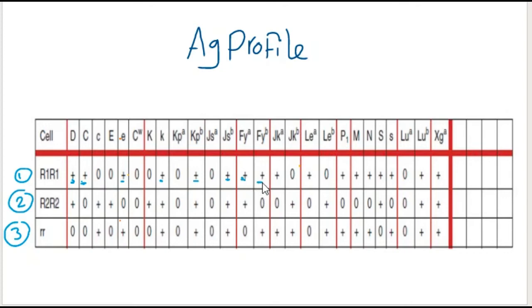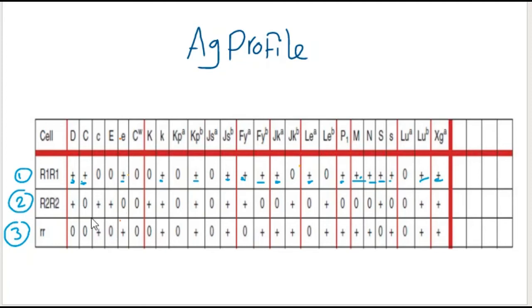So Duffy, both of them, is present, here Kidd A, and here Lewis A, P1, and here MNS big S and little s, and Lutheran, also Xg antigen. So all of these antigens are present and the one with 0 is absent.